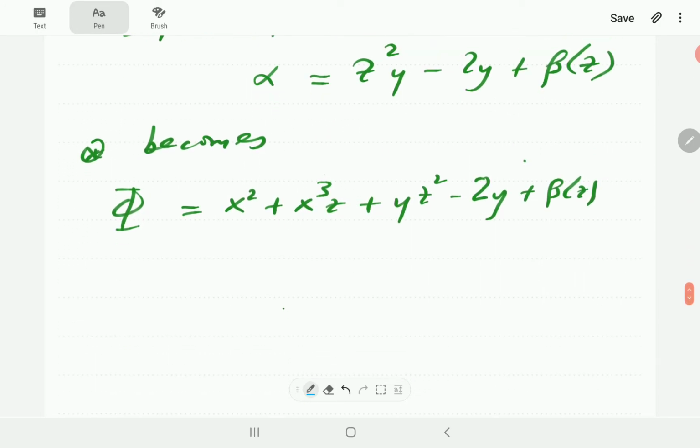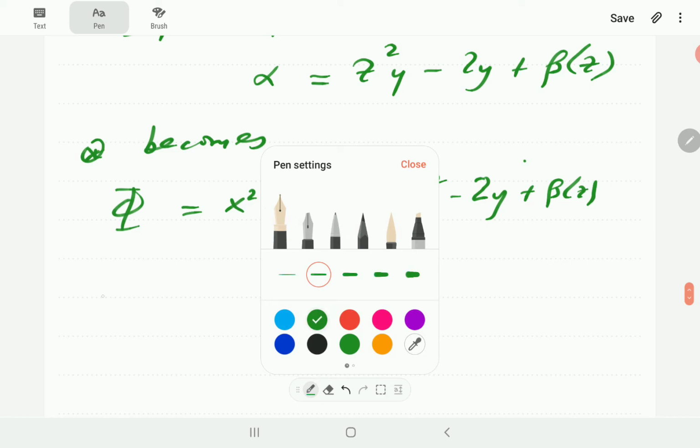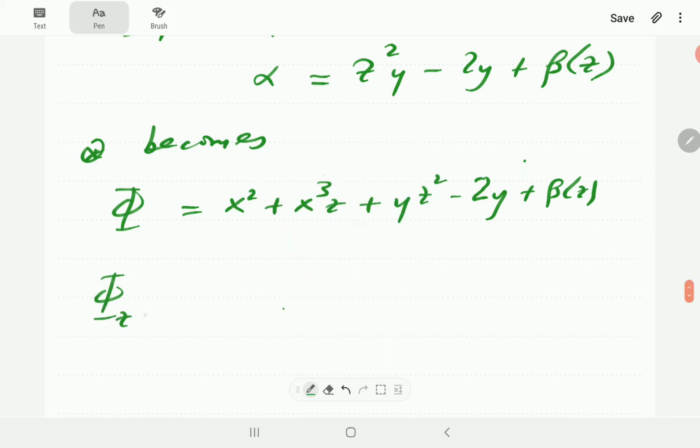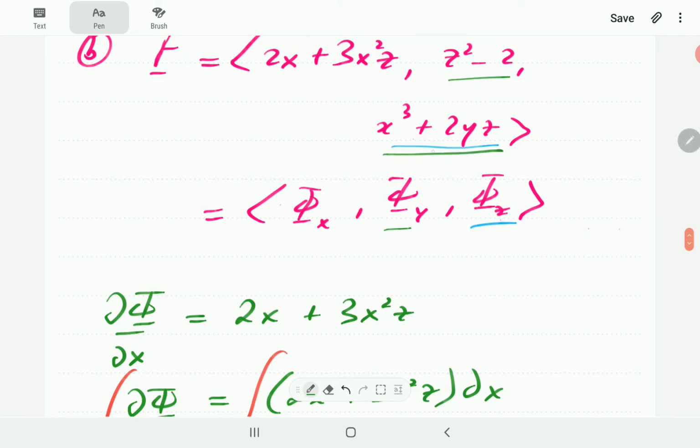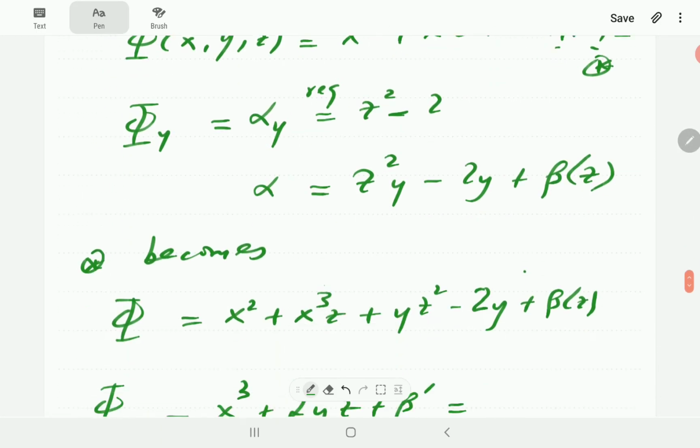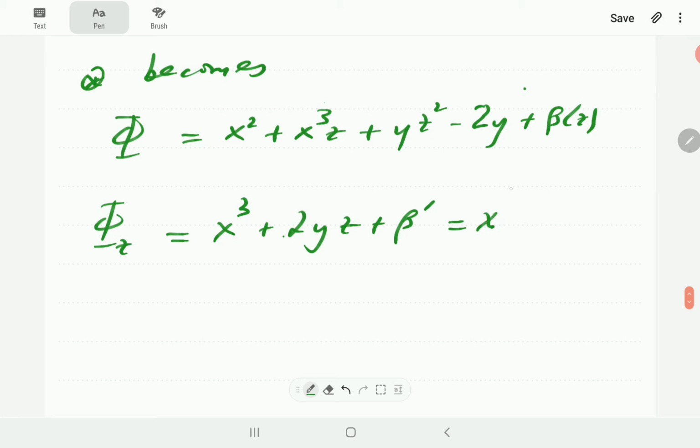So if we differentiate this now with respect to z, the derivative of this with respect to z is going to give us x cubed plus 2yz plus beta prime this time. Okay, this must be equal to this one here.